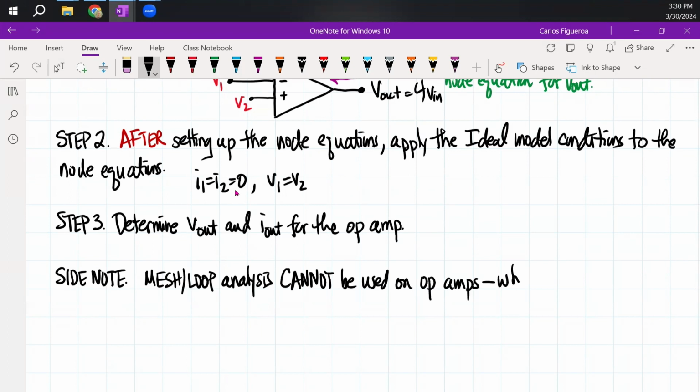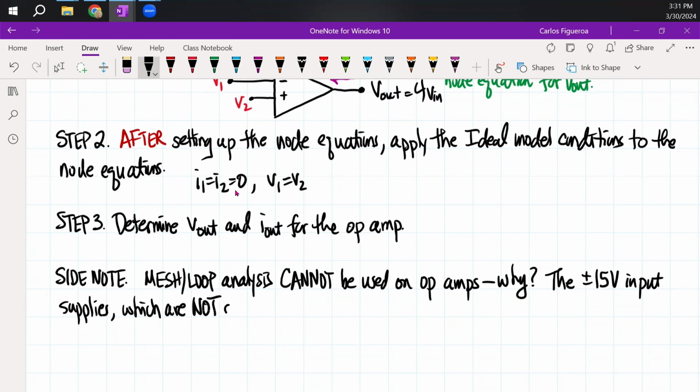And of course, the question is, why? The supply inputs, which are not shown, supply current to the op amp.